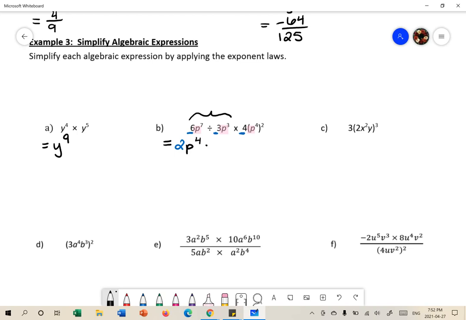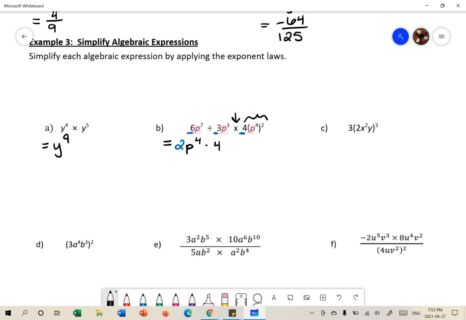Then I'm going to multiply that by the simplified term that's last written here. So before I can apply the coefficient 4, I have to simplify what's in brackets. So p to 4 raised to 2.